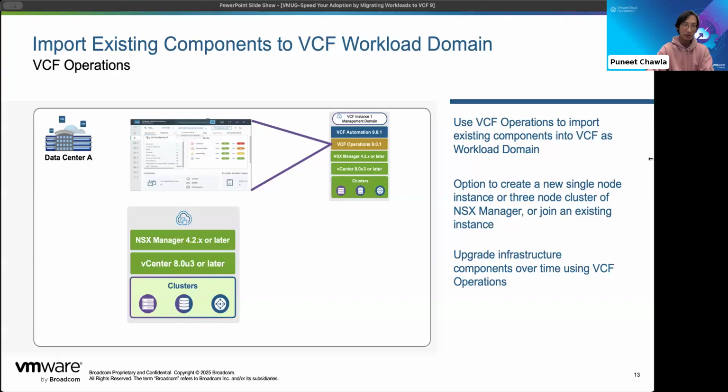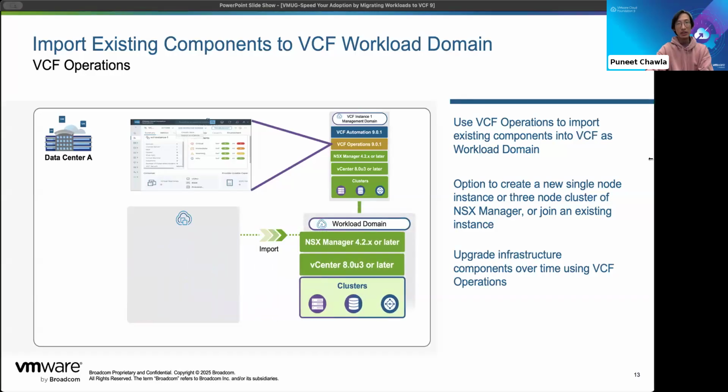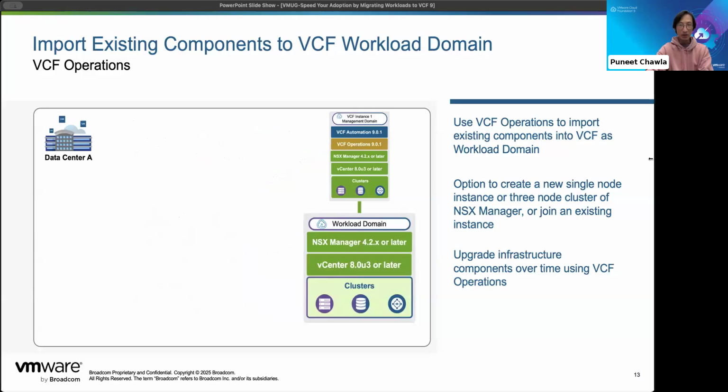And similar to the process earlier, there is an option to deploy a new instance of NSX, or if NSX is already deployed, you can reuse that instance as well. And again, similar to what we mentioned earlier, there's no requirement to upgrade vSphere 8 into a newer version as part of this process.